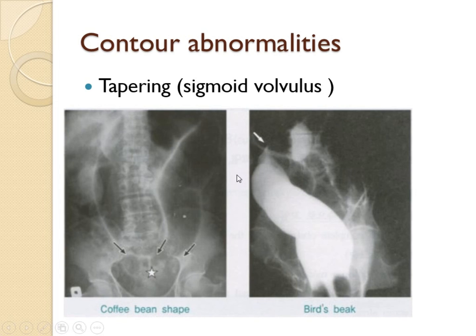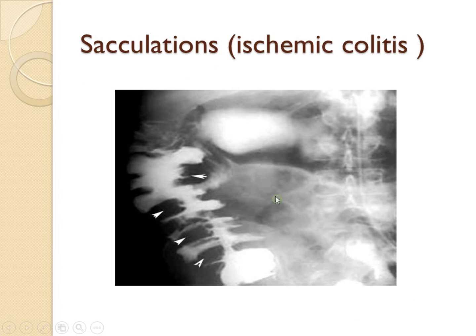You see it looks like a bird beak sign. And it's the abdominal X-ray of that sigmoid, which is due to sigmoid volvulus. And we have sacculations in ischemic colitis, smooth out-pouchings of the mucosa, as seen in ischemic colitis and also in Crohn's disease.